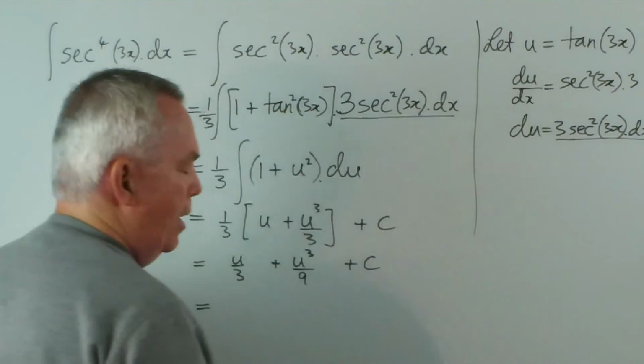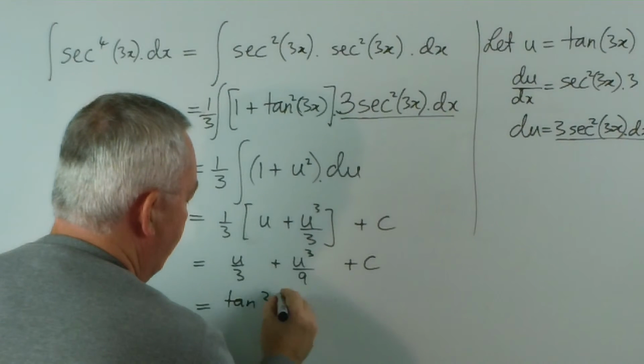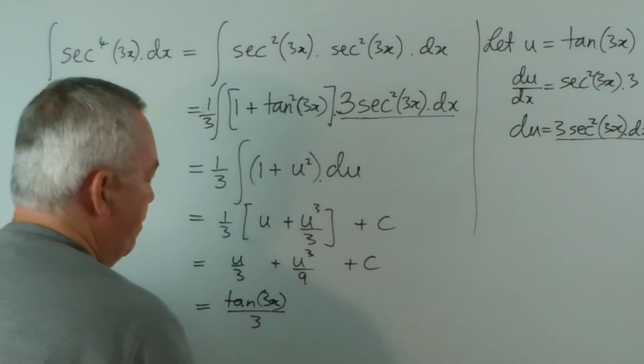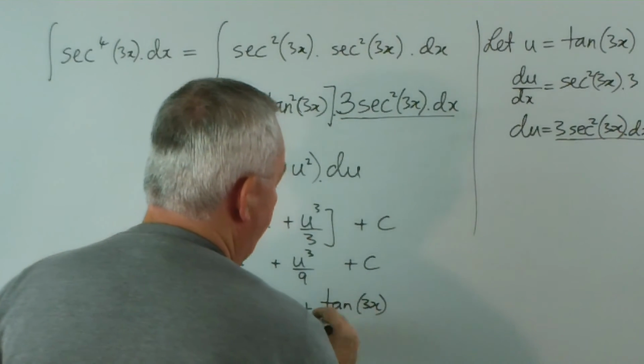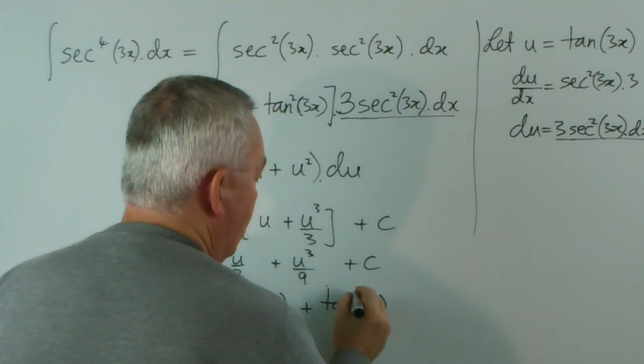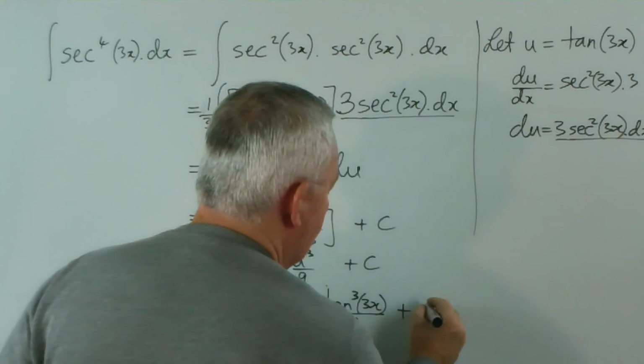Now u is worth tan of 3x, so it's tan of 3x all over 3 plus tan cubed 3x, over 9 plus c.